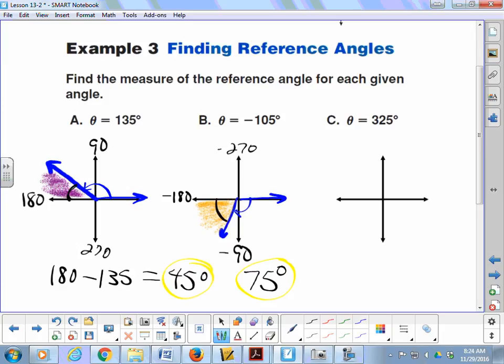Okay. Letter C, 325 degrees then. All right, so we're talking about positive. So 325 is going to be in the fourth quadrant, somewhere in this vicinity here.